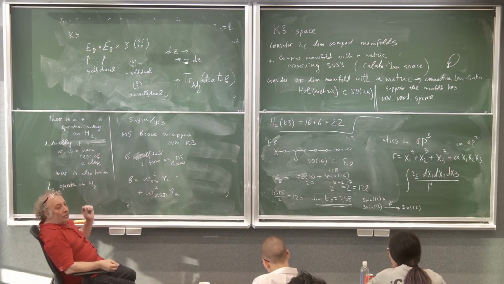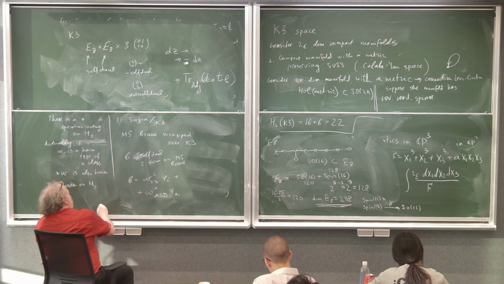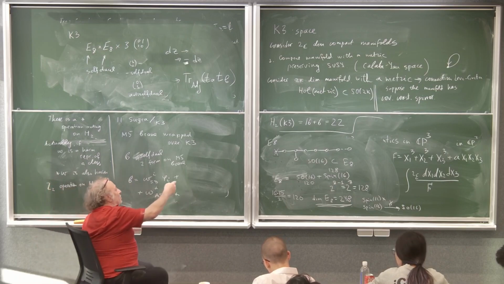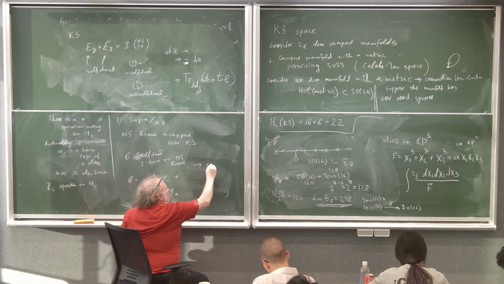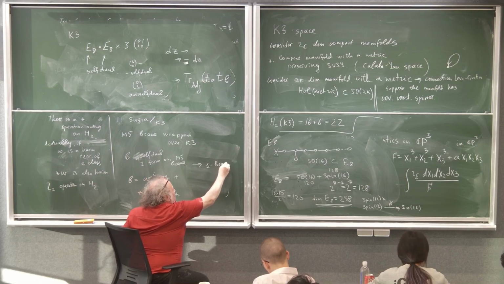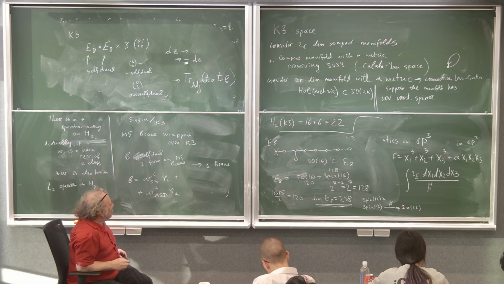So from this I see that after compactification, I am having a one brane.